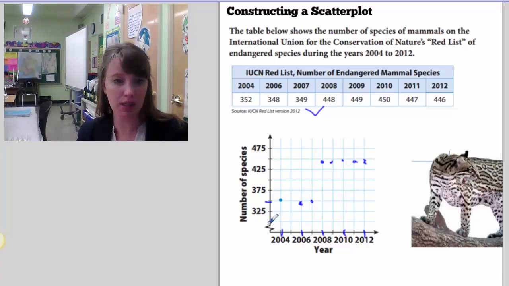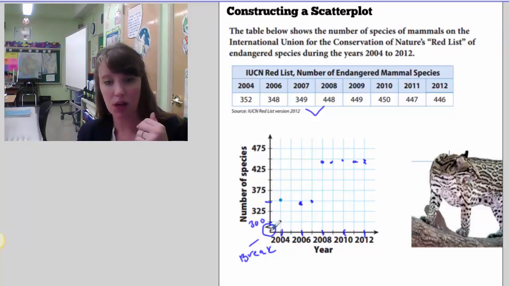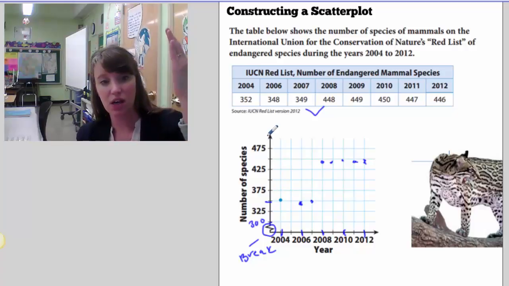So notice that this scatter plot has what is called a break right here, and it indicates that we're starting at the value of 300. It indicates that between the origin and the first dash, you sort of leap up in your range, or your add-on number is a lot bigger between the origin and the first dash than it is between the first dash and the next dashes up here.